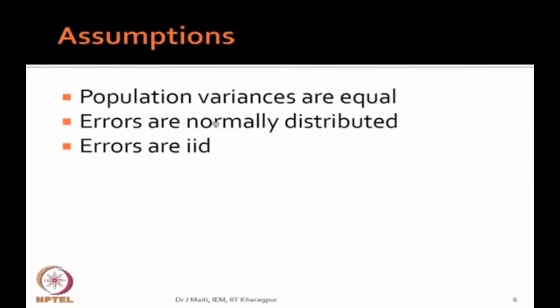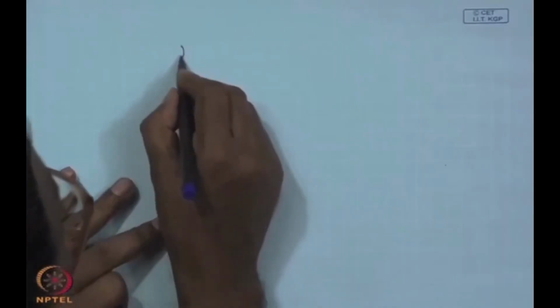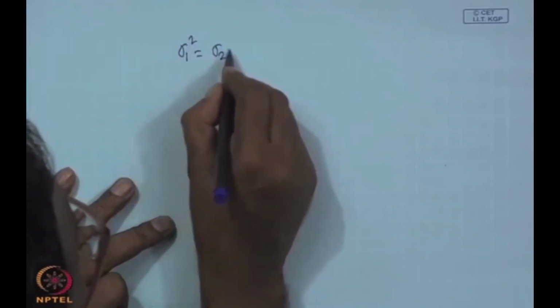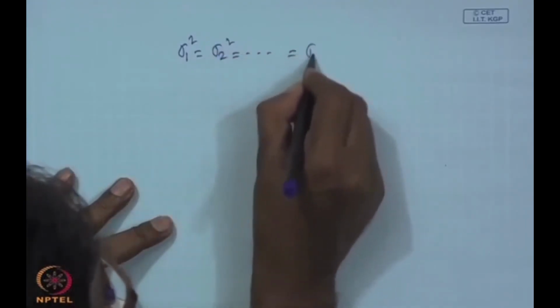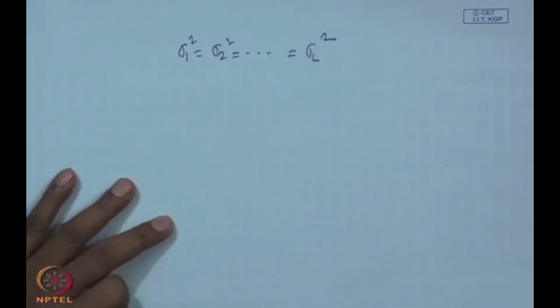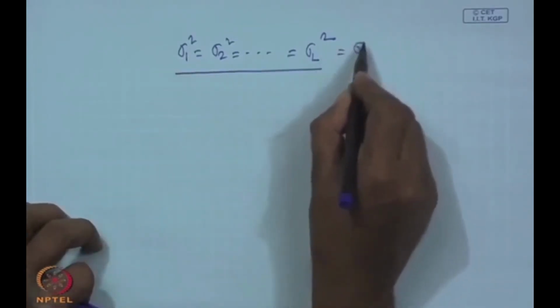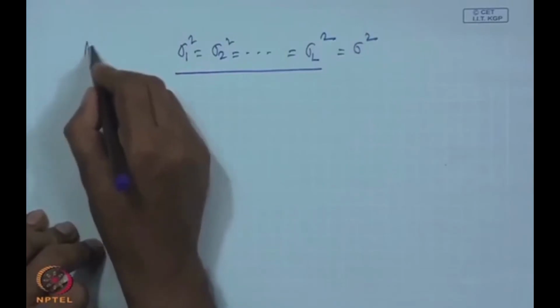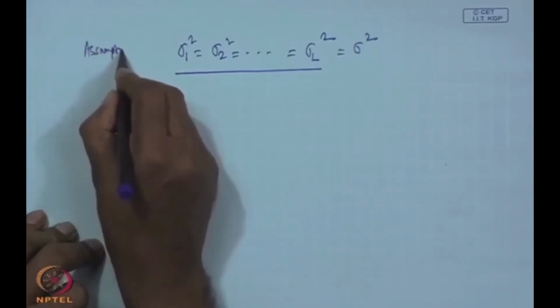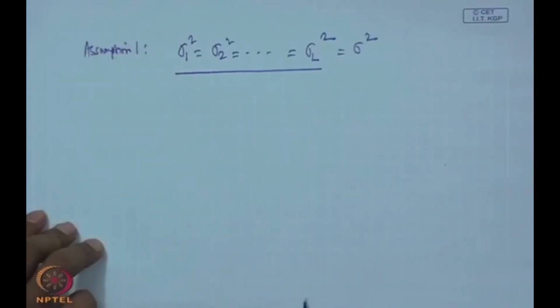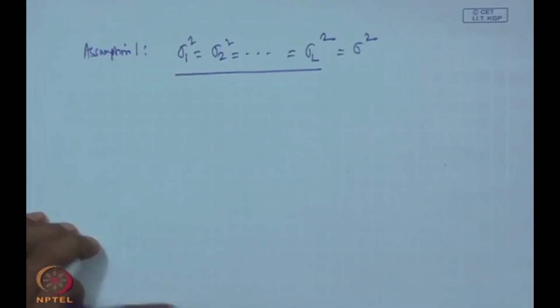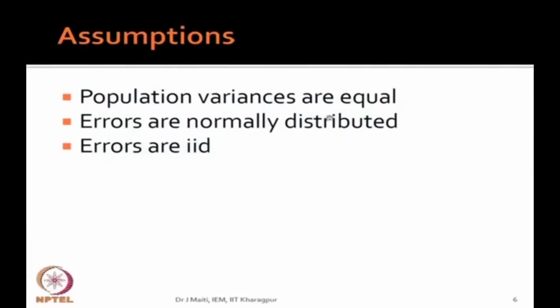So you are sampling from L populations, and the population variances must be equal. That means sigma 1 square equal to sigma 2 square equal to sigma L square. This is our first assumption. Assumption 2 is that errors are normally distributed.